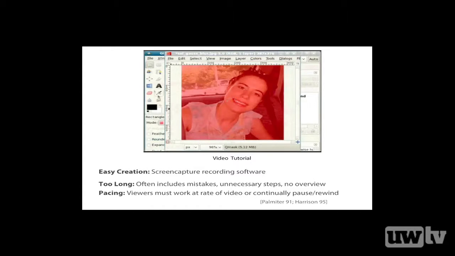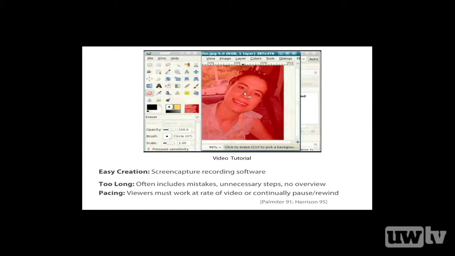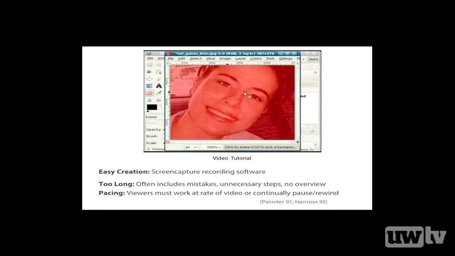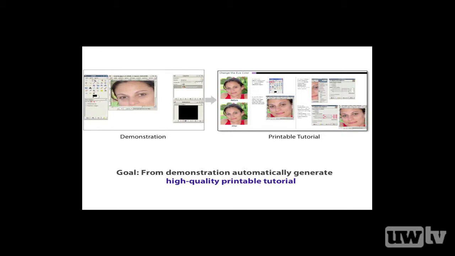This work really grew out of my personal frustration with how many low-quality online tutorials there are. So the goal for this project was to automatically generate high-quality static tutorials that facilitate the cognitive stage of the learning process. We want to generate these tutorials from a single demonstration and thereby make them as easy to create as video tutorials.